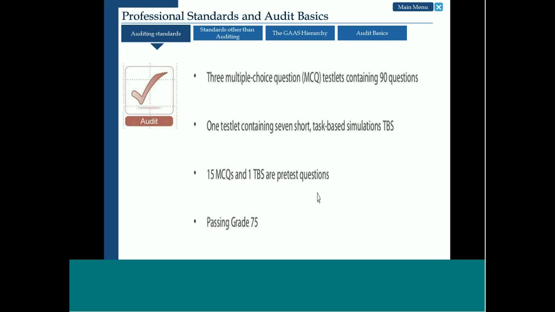There are no specific rules for task-based simulations. They give you a task, for example, how to do an audit, what are the steps of doing an audit under PCAOB guidance. So you have certain blanks to fill, boxes to match, or you need to select certain things.